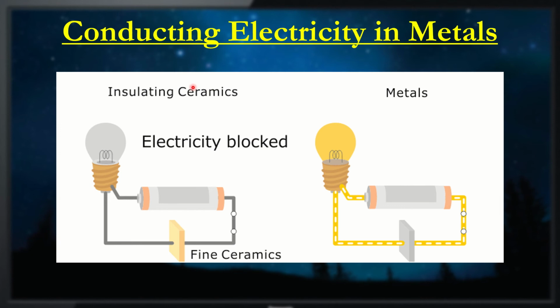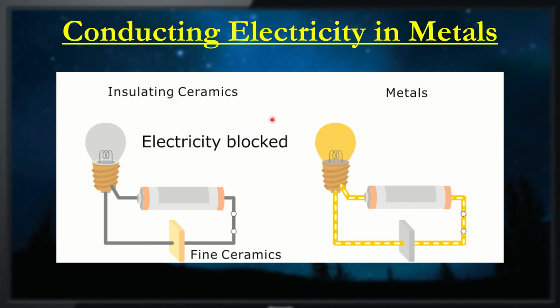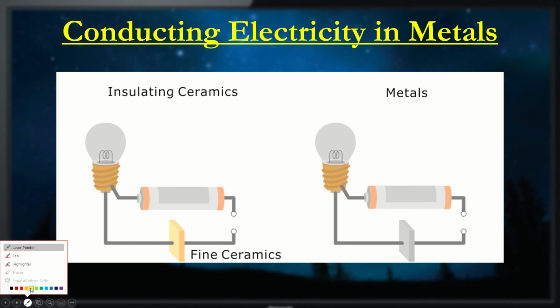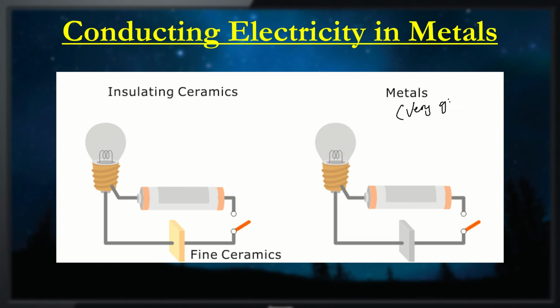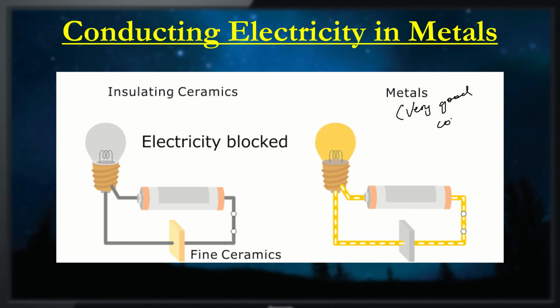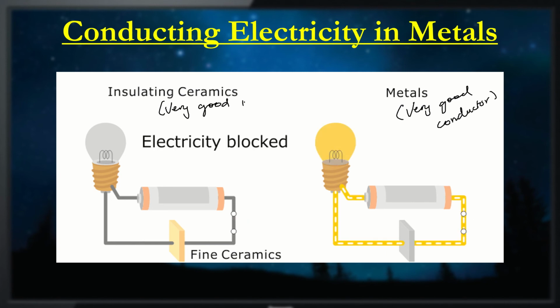Alright, so let's try and model conducting electricity in metal. We have two types of objects here. On one side we have the metals, which we said are really good conductors, so a very good conductor. And on the other side we have an insulating ceramic, so this is a very good insulator.